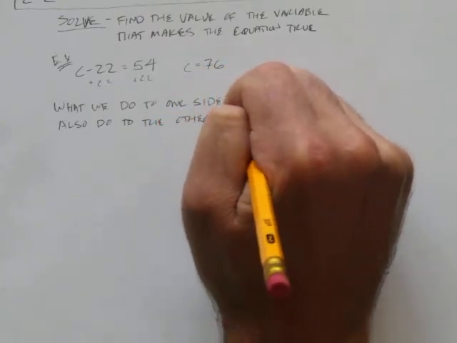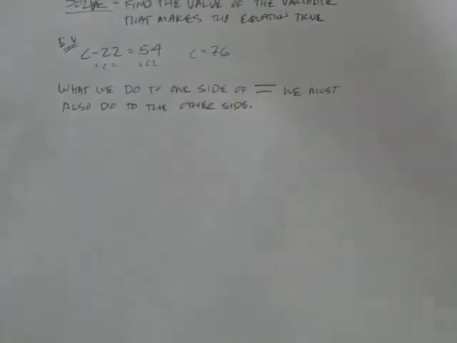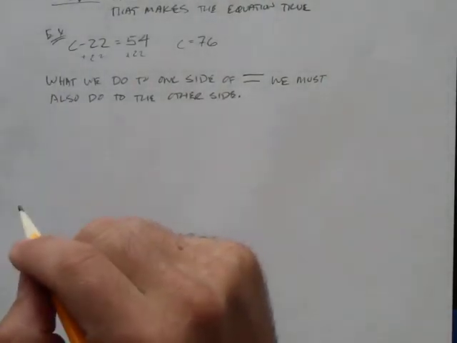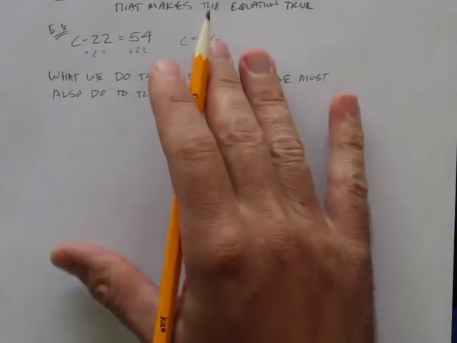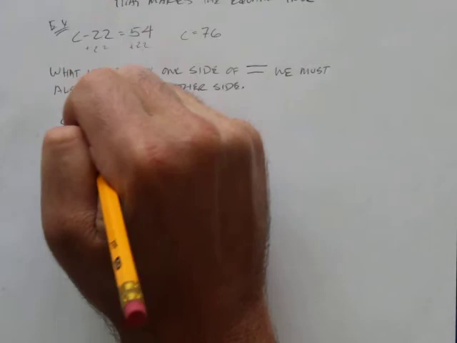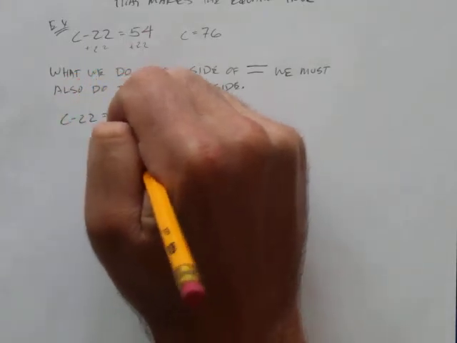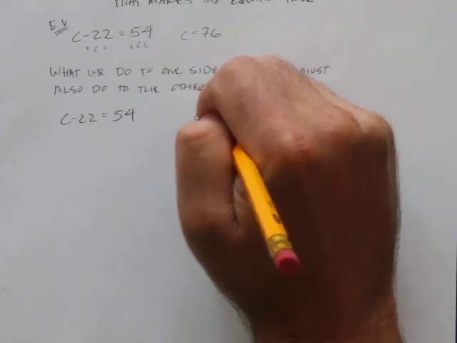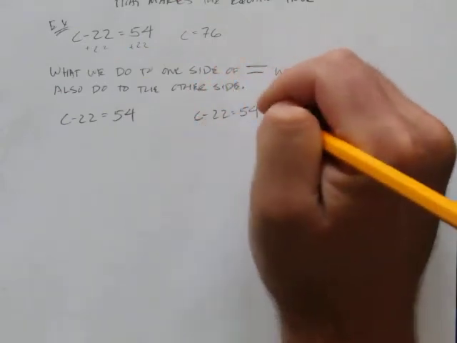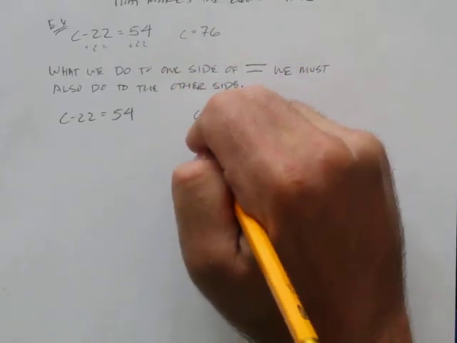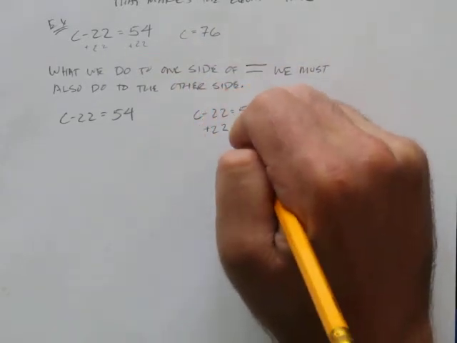All right, so let's do some examples. C minus 22 equals 54. We did this already, where we added 22 to both sides.